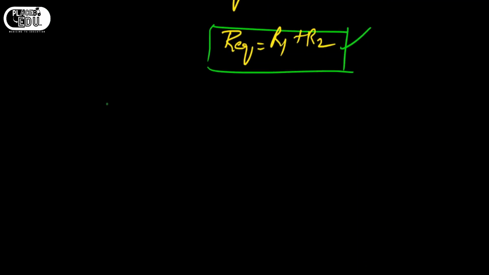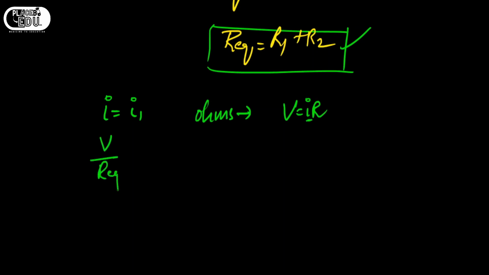I've already said I equals I1. We have R equivalent. So from Ohm's law, which is V equals IR, I equals V by R. So I equals V by R equivalent, which equals I1, V1 by R1.